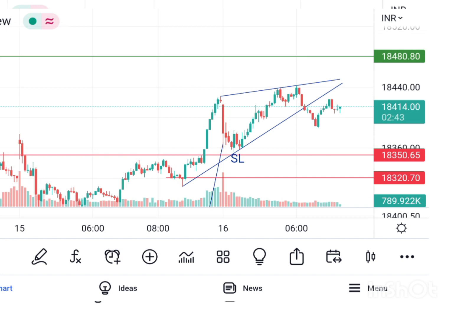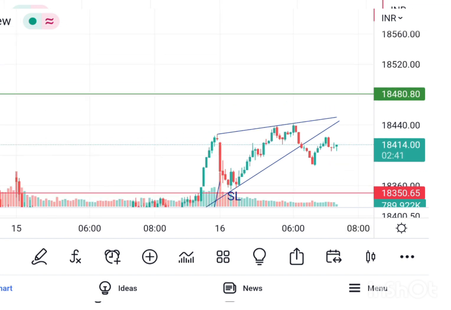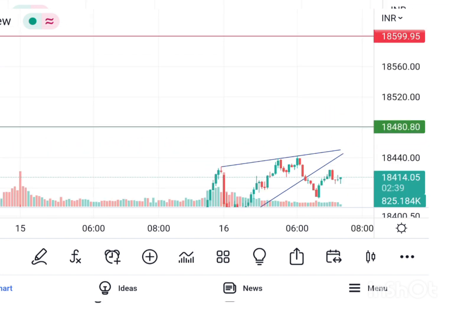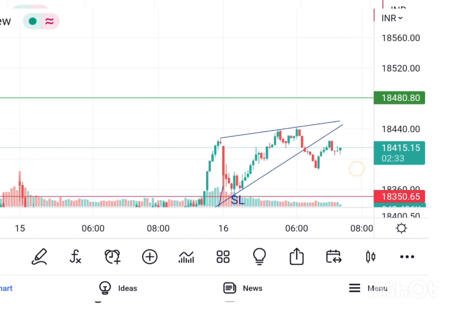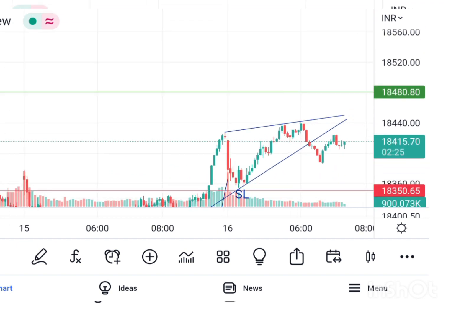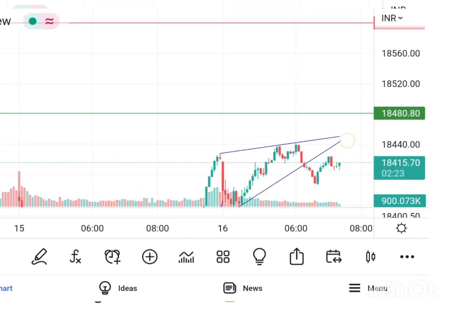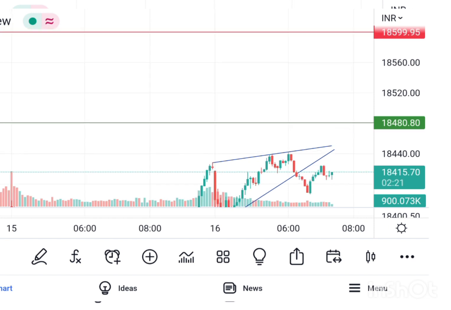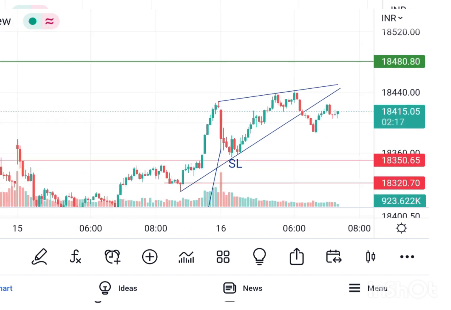It was a weekly opening, and 18,600 is a weekly high. So these two are the points that I have selected as resistance, 480 and 599. That is the only reason I didn't exit from the trade.